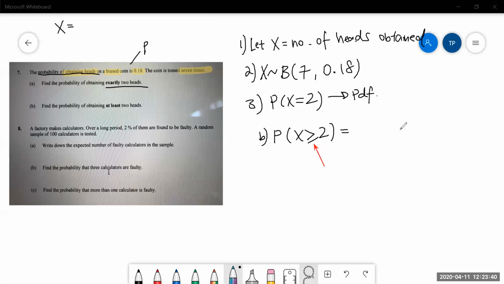Take your time to think. That means you have to change to X is smaller than or equal to... If you cannot see it, draw the number line. Number line will always work.